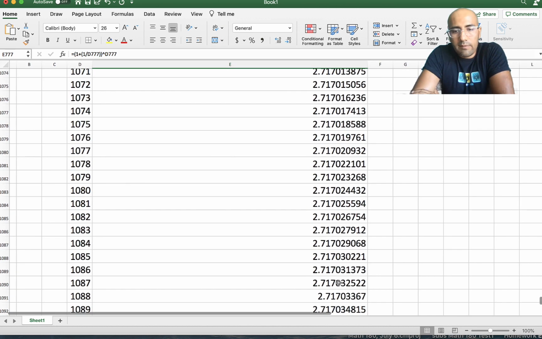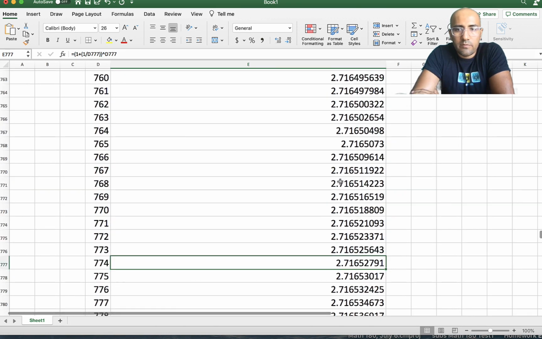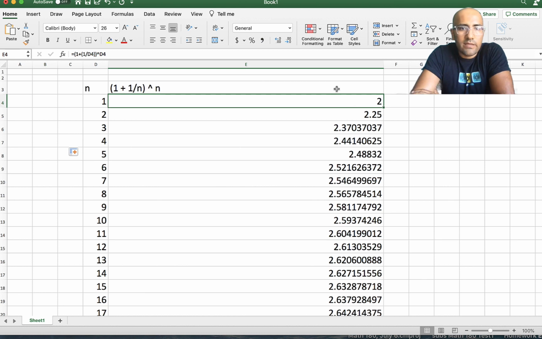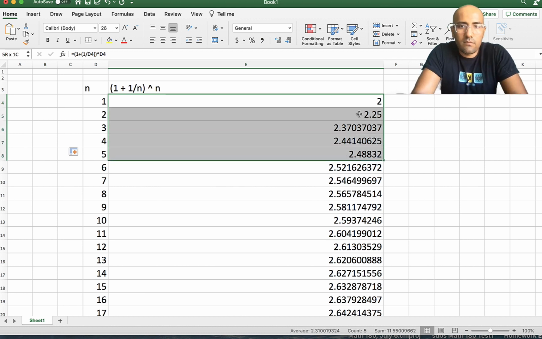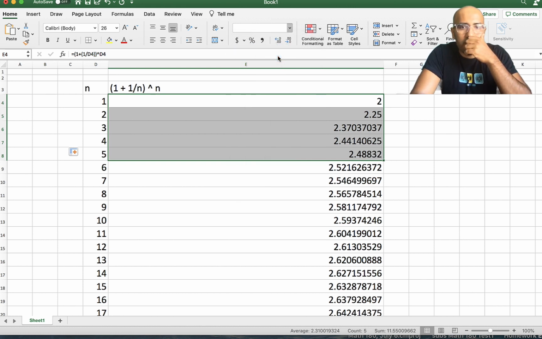But if we keep going, where is this heading? Now, this looks a little weird because sometimes we have more decimal places, sometimes we have fewer decimal places. Let's make a couple of changes up here. First of all, let me set it to a specific number of decimal places.